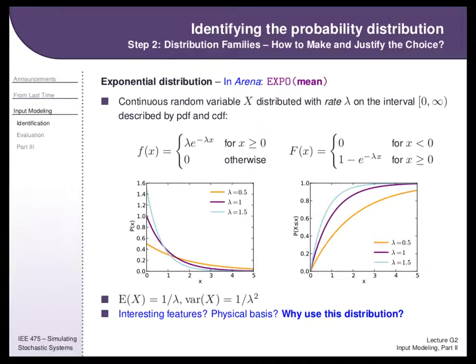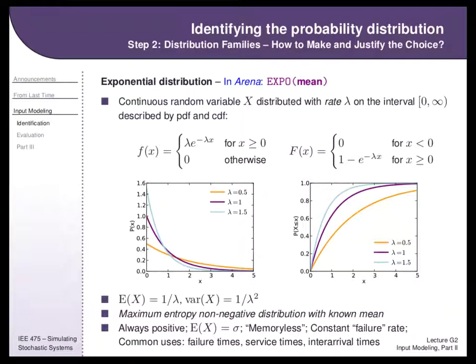The exponential, so this is the classic interarrival time distribution, also sometimes service time distribution. If somebody tells you that it's non-negative and it's got a mean, this is your best guess. So if all you know is the average and that it's non-negative, nothing else, then the exponential is always the most unbiased choice.